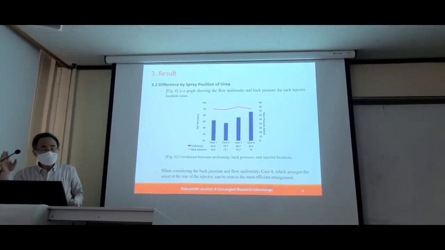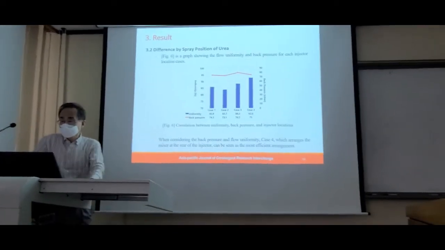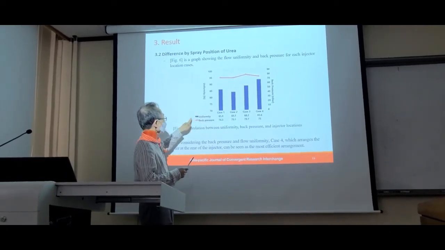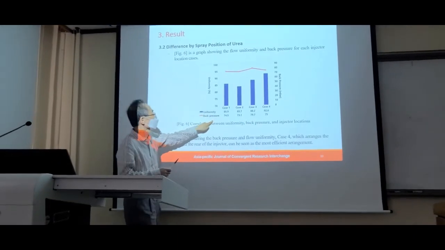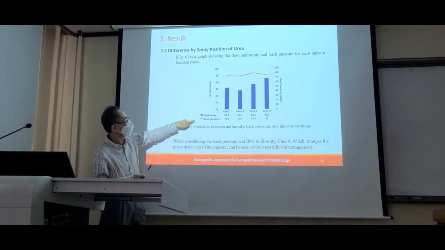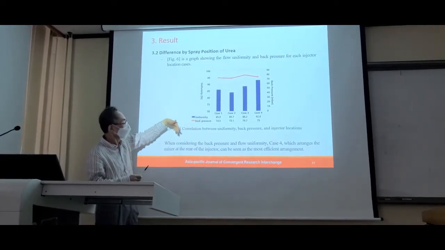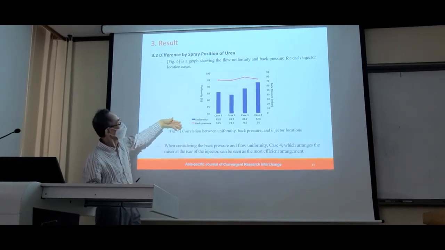Let's look at some other graphs in this way. Look at here. This is uniformity and the back pressure. So we have to find how much effect on the uniformity and the back pressure. This is a very important parameter to analyze this kind of system.